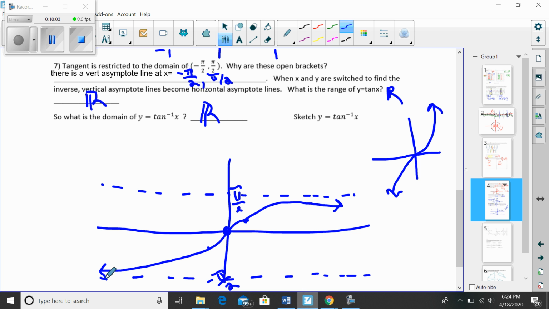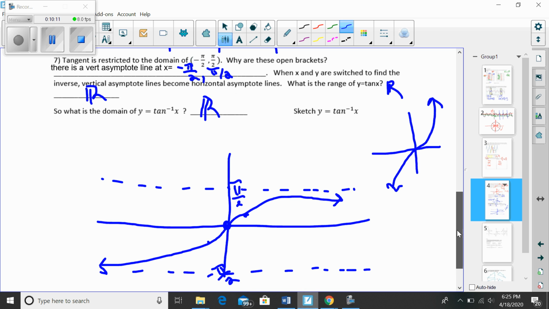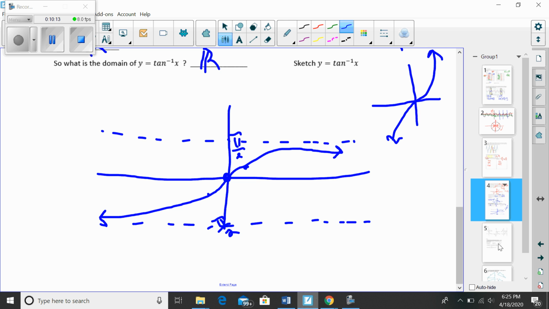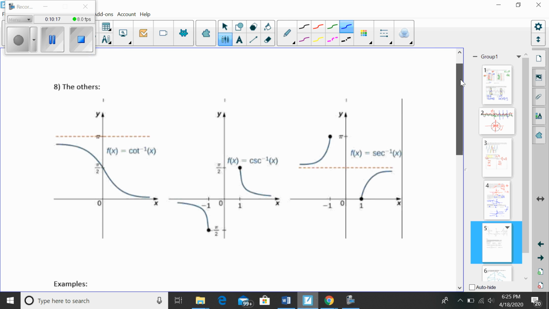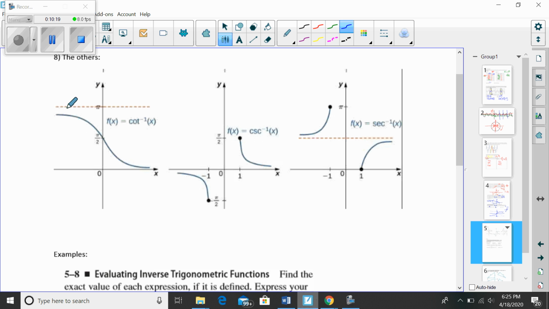And I didn't work the rest of the examples out in this amount of detail. If you look on to the next page, I went through a similar process with the other three with cotangent, which remember, cotangent had vertical asymptote lines at 0 and pi.